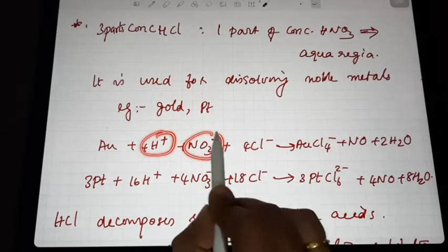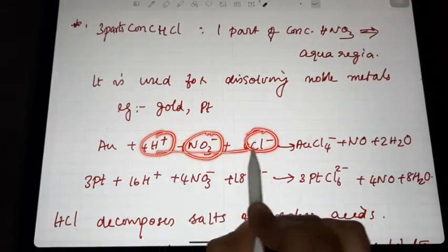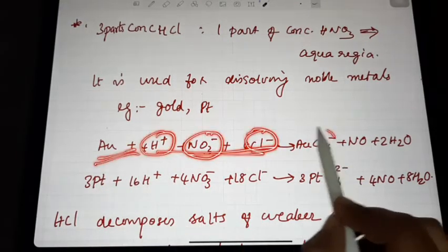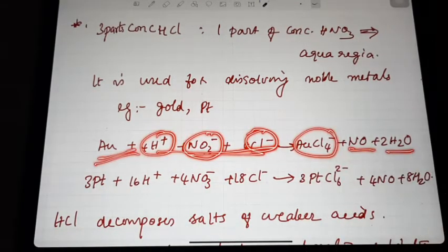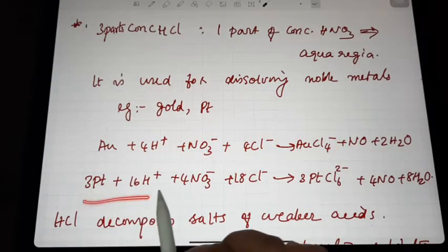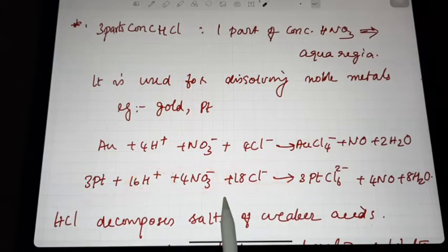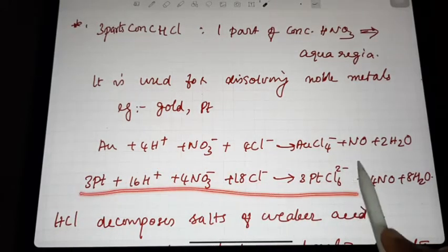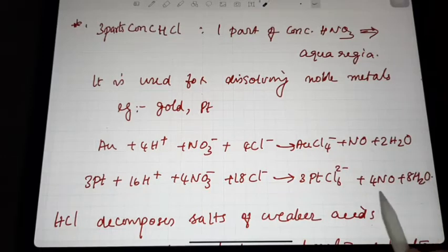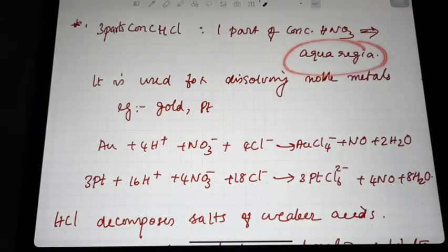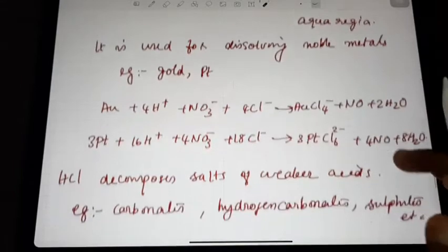HNO3 plus HCl combination, and also gold, results in AuCl4- plus NO plus 2H2O. And platinum with HNO3 and HCl together is changed to PtCl6 2- plus 4NO plus 8H2O. So this aqua regia is mainly used for dissolving metals like gold and platinum, which are said to be the noble metals.